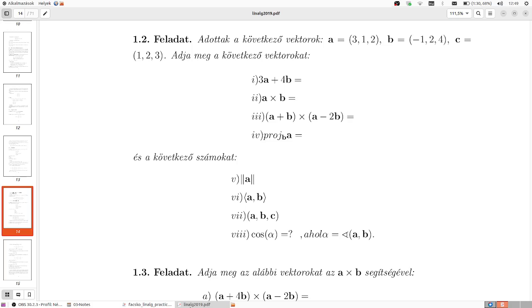So that's the real end of the task, the exercise. What I had done, before I did any calculation with numbers, I used the features of the vector product.